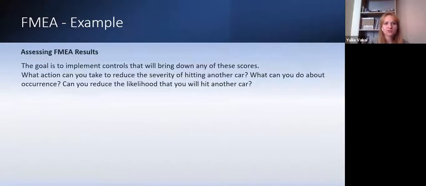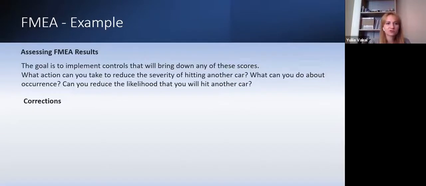Once we have the scores, we need to think about the correction. The main idea of this technique is to reduce either severity or occurrence or detection. With severity, there's not much we can do, sorry, hitting another car, unfortunately not. So we can think about occurrence, yes, and reduce the likelihood that you will hit another car.